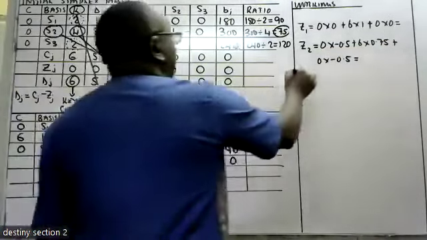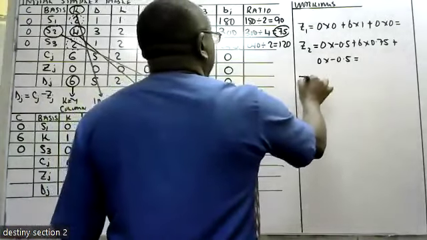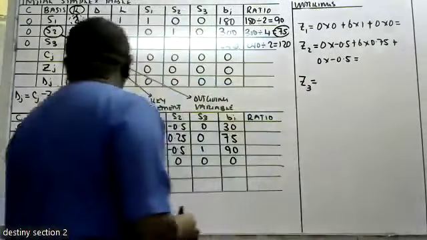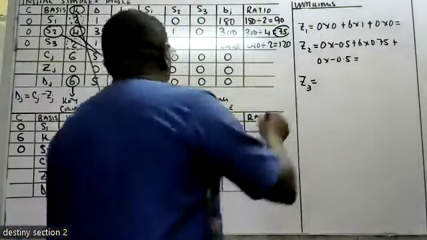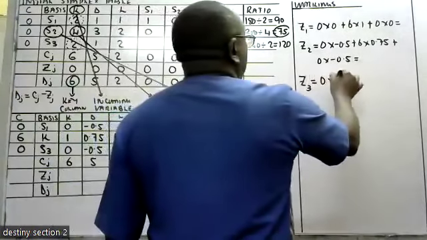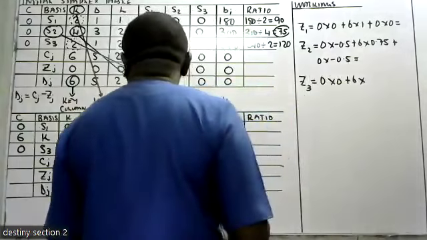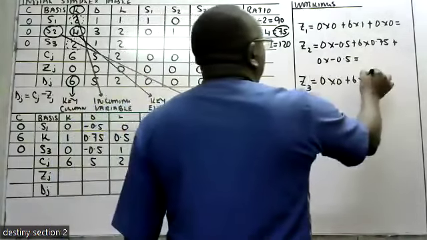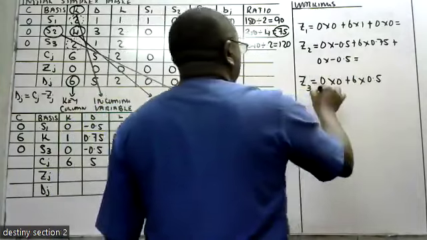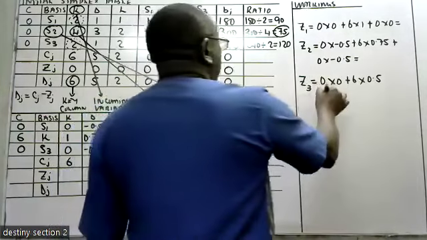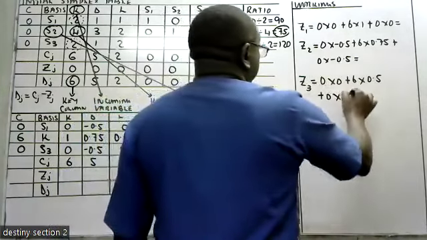When I come to Z3, it will be 0 times 0 plus 6 times 0.5 plus 0 times 1.